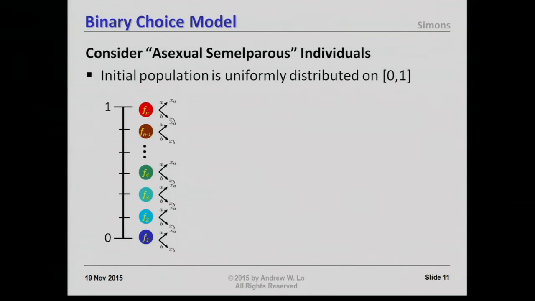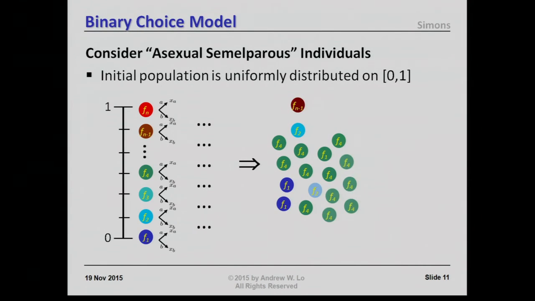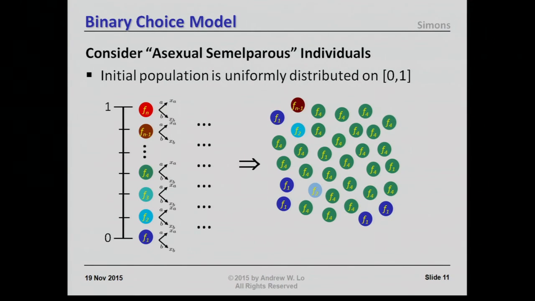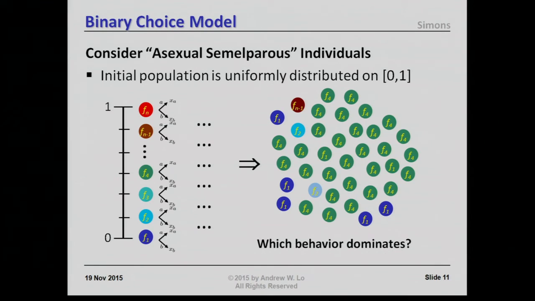And over time, I want to see whether or not there's any particular F that seems to be overrepresented. The one that grows the fastest will be the one that I claim from an evolutionary perspective dominates. And that is the behavior that I'm claiming is selected by evolution.